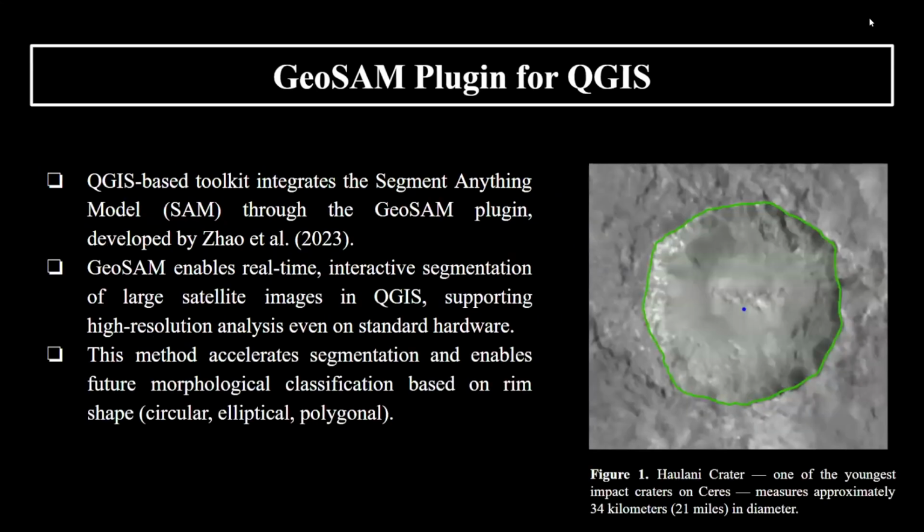So with this toolkit we are making this integration with the Segment Anything Model through the GeoSAM plugin developed by Zhao et al. in 2023. GeoSAM is very interesting because it enables real-time and interactive segmentation of large impact images in QGIS, supports high-resolution analysis, and works even on standard hardware.